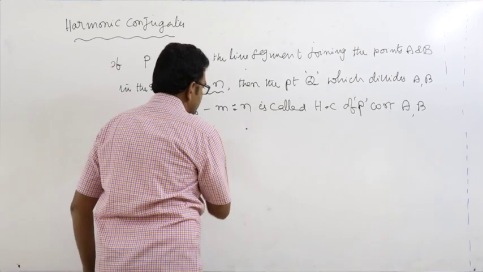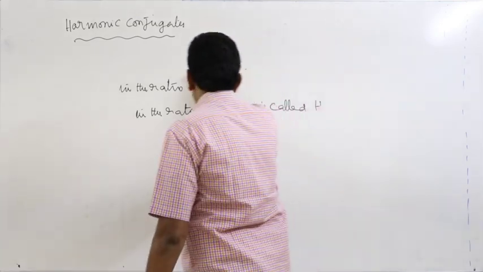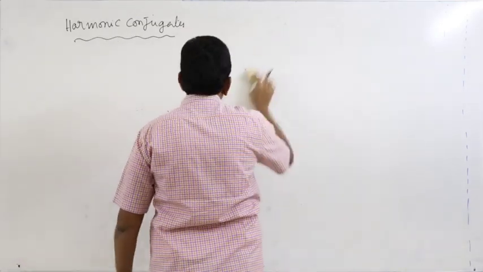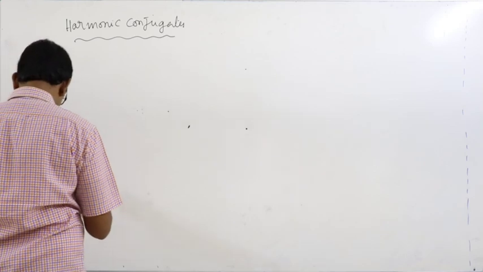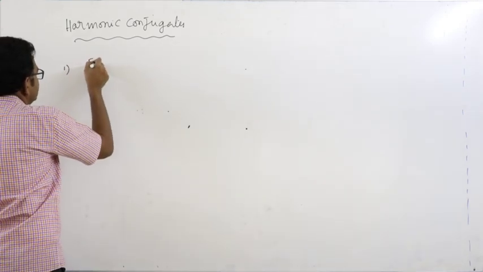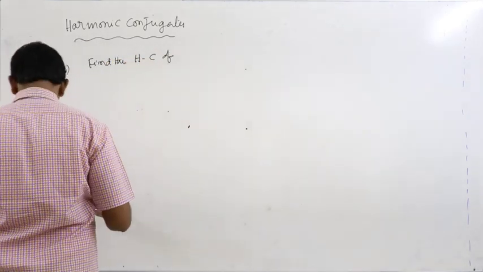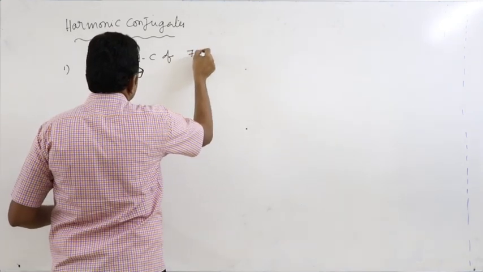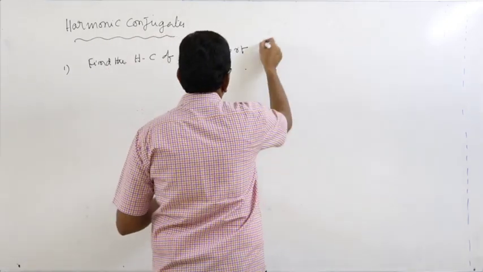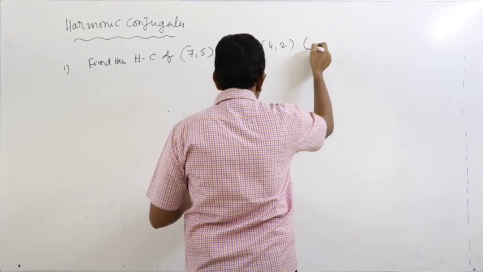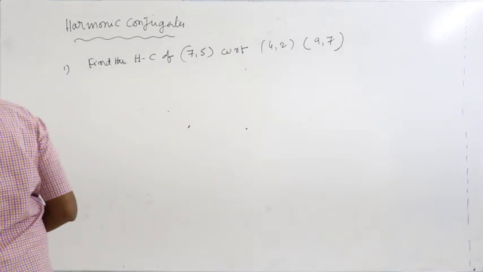Example: find the harmonic conjugate of (7, 5) with respect to (4, 2) and (9, 7).